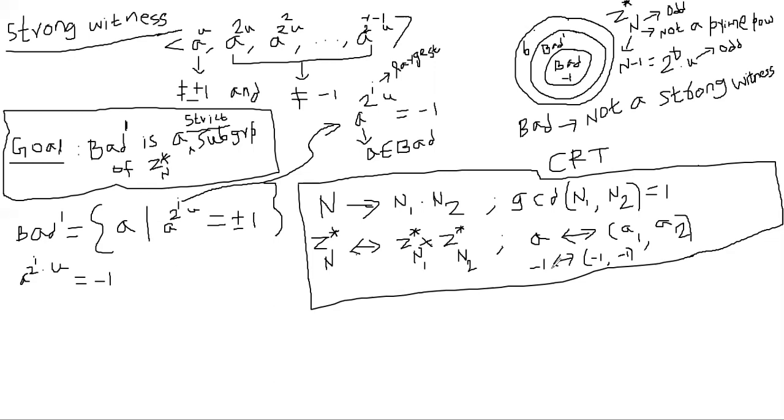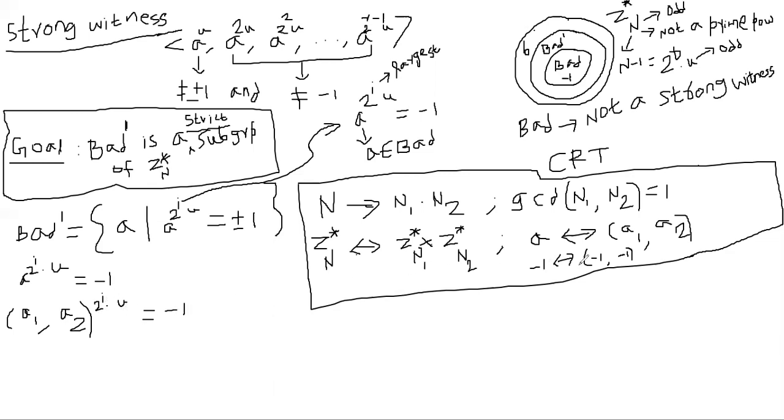Okay. But what is the theorem saying here? Chinese remainder theorem is telling us -1 will be mapped to (-1, -1) in n1 and n2. Which means our A corresponds to (A1, A2), right? Which means (A1, A2) to the power 2^i times u is also -1, because -1 maps to (-1, -1). Now we can conclude that A1 to the power 2^i times u is equal to -1, and A2 to the power 2^i times u is equal to -1.